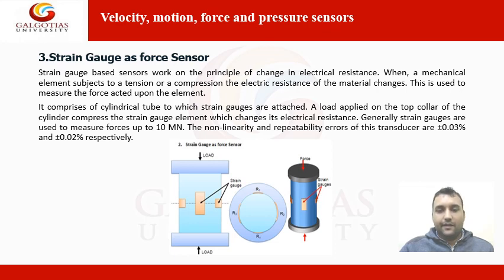These are the strain gauges. As this cylinder gets compressed, there is a change in shape. Generally, strain gauges are used to measure force up to 10 millinewtons. The non-linearity and repeatability errors of the transducers are plus minus 0.3% and 0.002% respectively.